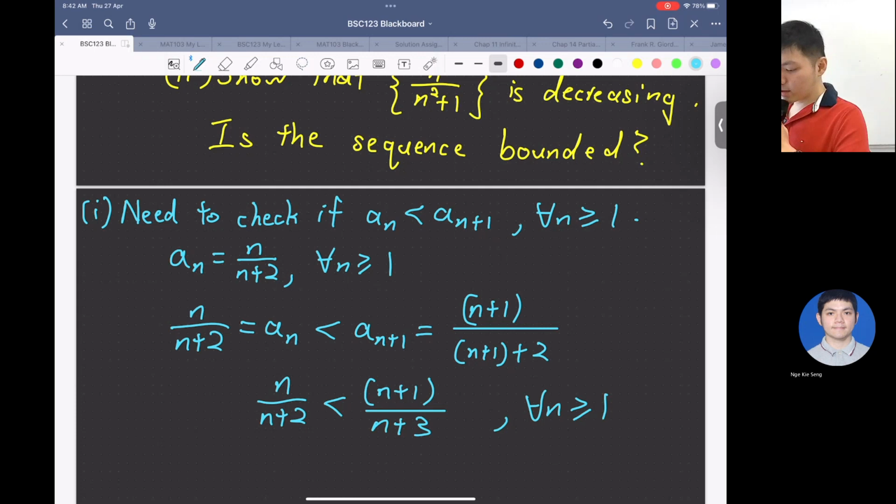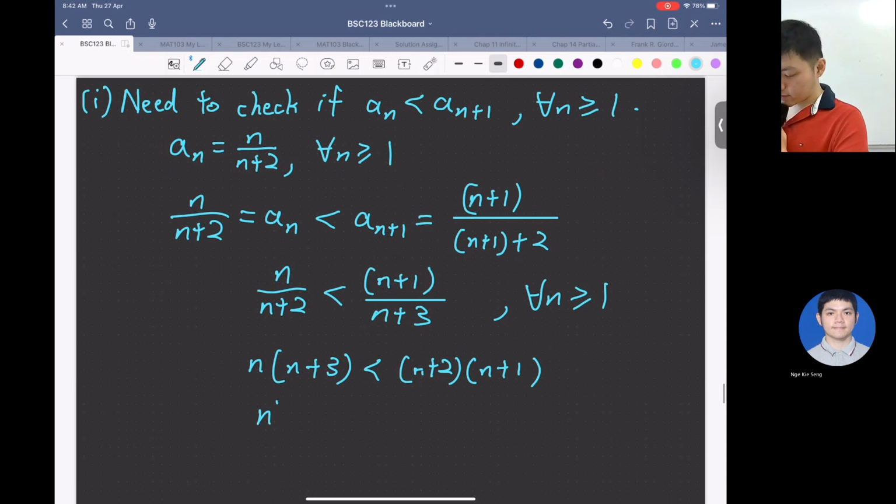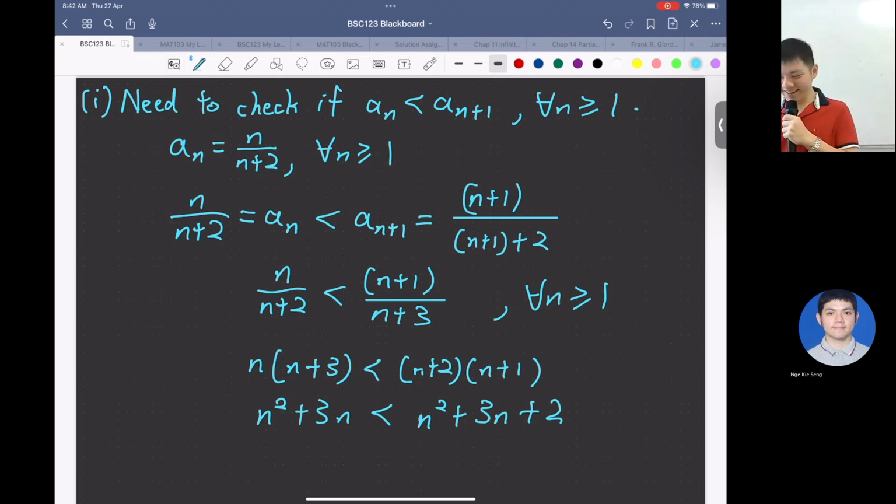So what kind of inequality? We can play around with this function. The top is true if and only if the bottom is true. So we get n squared plus 3n less than n squared plus 3n plus 2. What can you see?